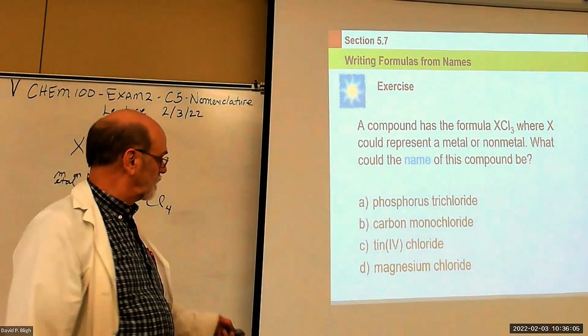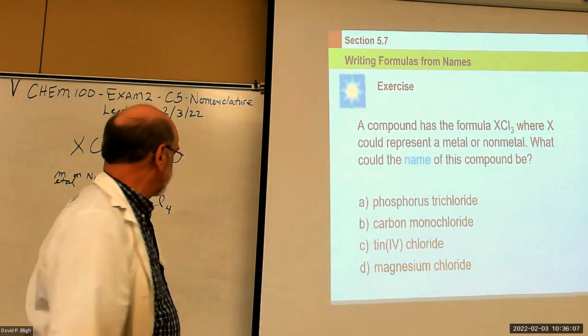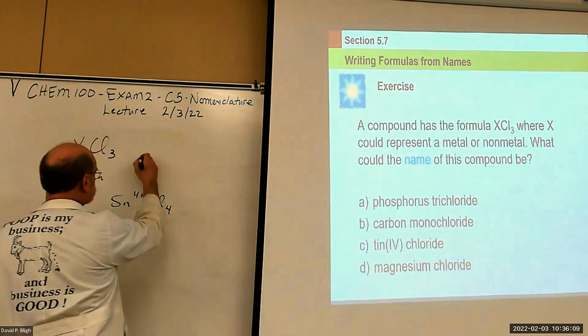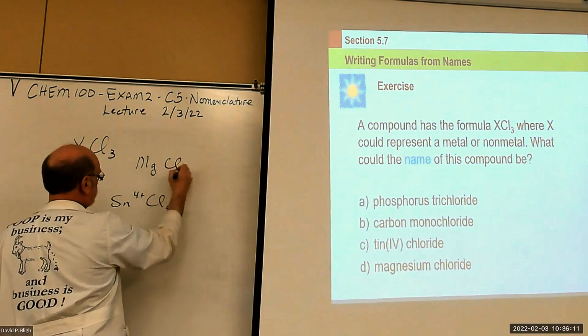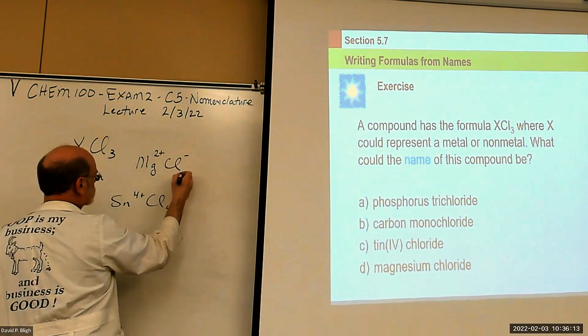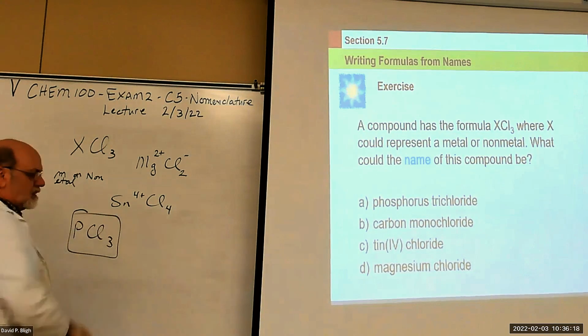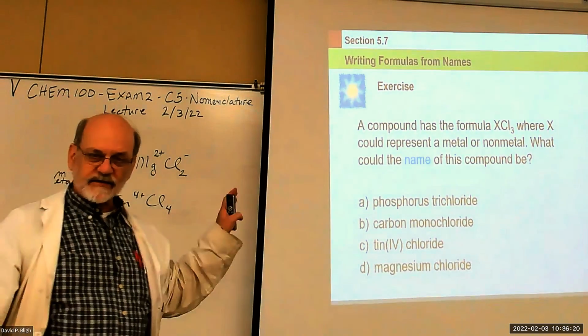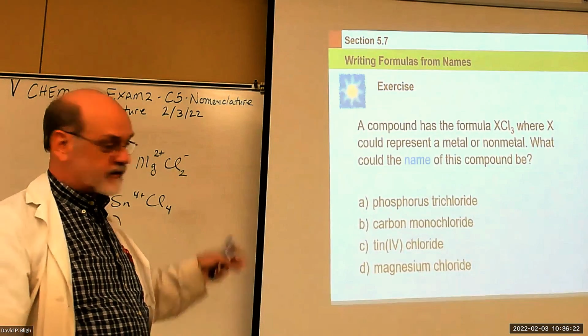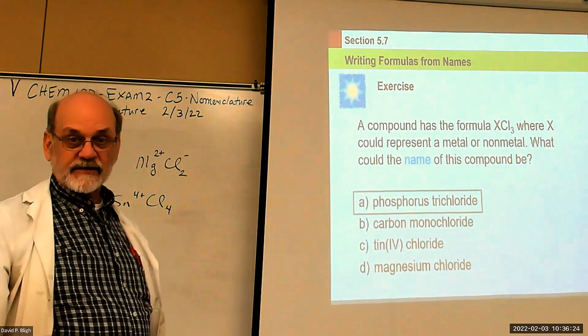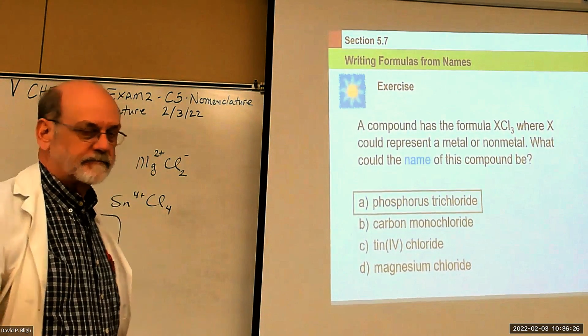That's possible. How about this one? Magnesium chloride. What would magnesium be? This is 2+, that's 1-, this would be 2. Right? So by process of elimination, that's the only one out of those choices that it could be.